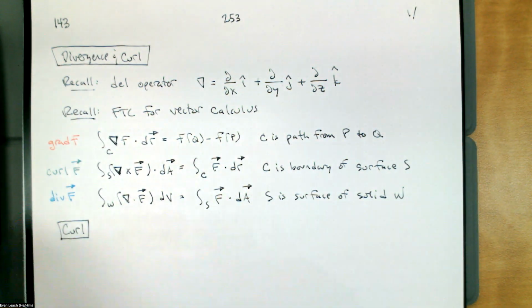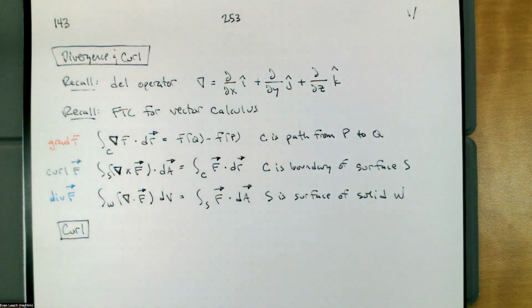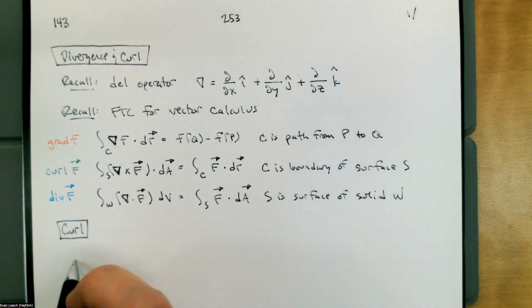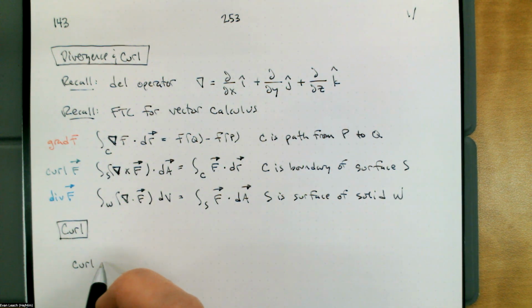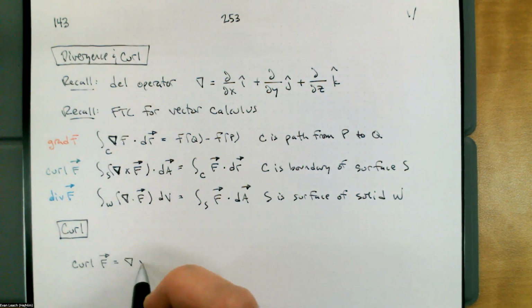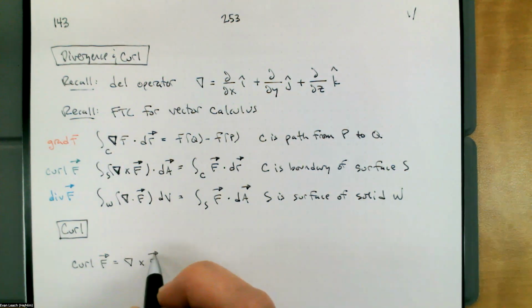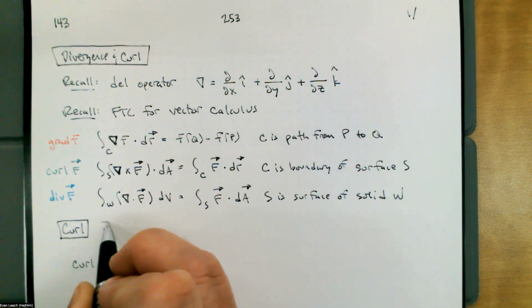So the curl of a vector field is going to be del cross f. We're finding a cross product of the del operator and the vector field. So let's be specific about what the vector field will look like.